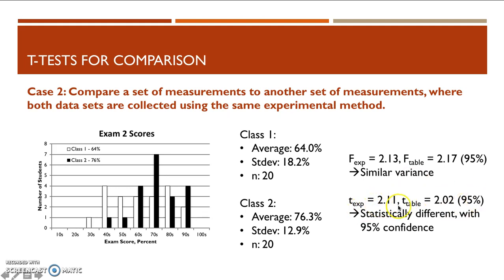And then when I did my t-test, I discovered that my t experimental value is greater than my t table value, and therefore they're statistically different. All of these tests, the Grubbs test, the F-test, and the t-test, have all been executed here at 95% confidence. So I can be 95% confident that these two classes performed differently on this exam.